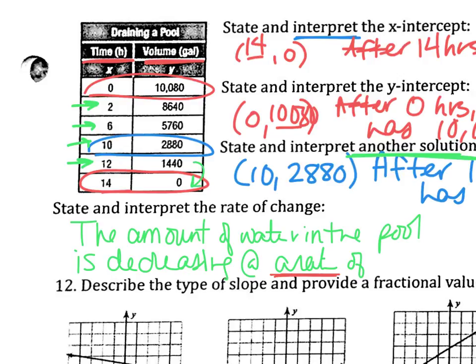And to me, I just picked the easiest place to count. So it's going down 1,440 for every 2 hours. And if you divide that out, which you always should when you interpret rate of change, that should give you 720. So it's decreasing at a rate of 720 gallons per hour.